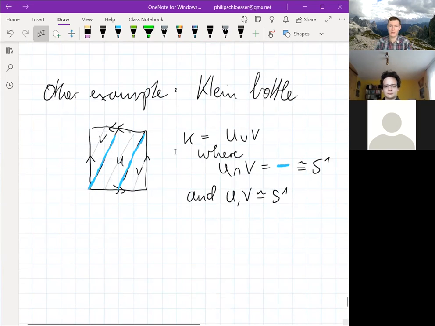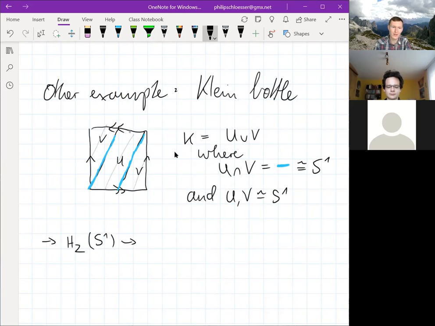So what does our Mayer-Vietoris sequence look like? I guess this is also an example of things not being trivially obvious just by looking at the objects inside that sequence, but you also actually need to look at the maps. So I'm starting at the second homology group of the intersection, meaning S1.